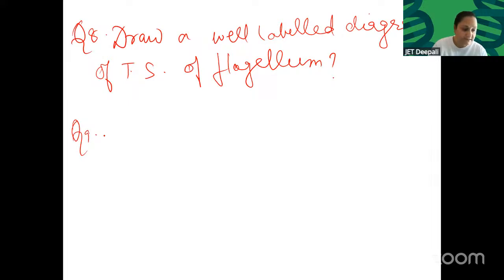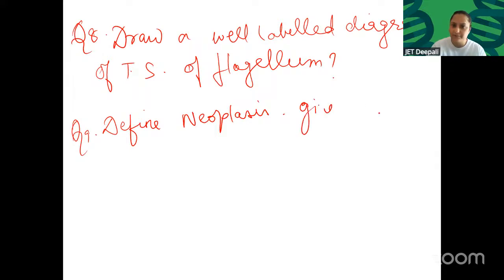Define neoplasia. Give one example. What is neoplasia? When you read this word, what comes to your mind?